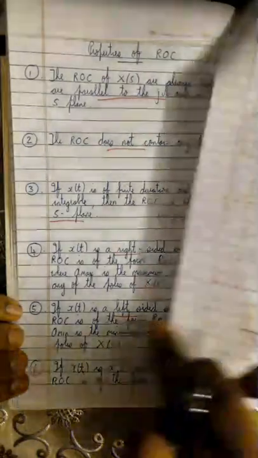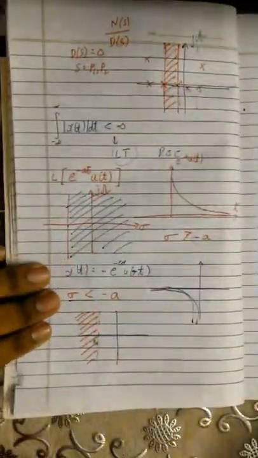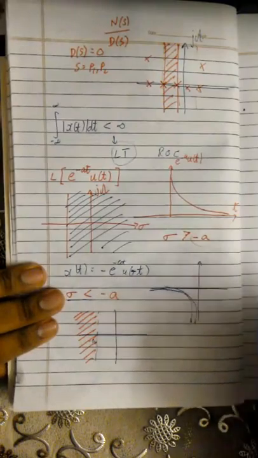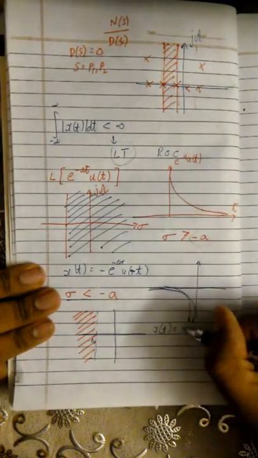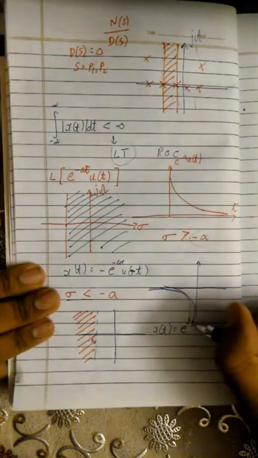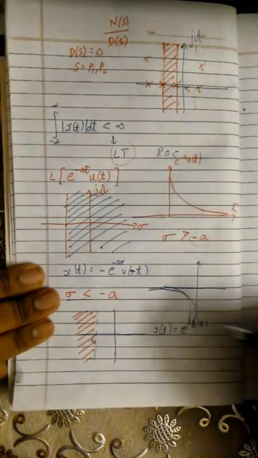If you remember, in the fifth problem, the question was, find the Laplace transform of the signal x of t equal to e raised to minus b mod t. This is the fifth problem that you did, right?